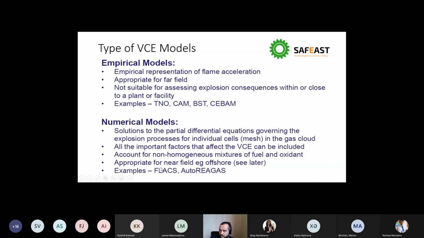They do these numerical, individual cell models, which are very appropriate for the near field. So it will show you the effect of the overpressure within a couple of meters, so you can understand what kind of overpressure you will see in the near field, let's say, on an offshore platform. And this numerical model includes all the important factors that can affect the vapor cloud explosion.